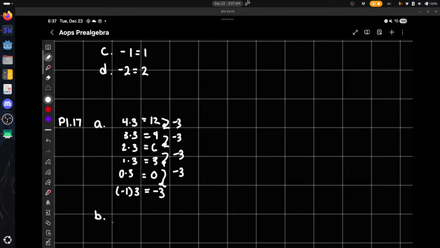And then B, negation 1 times 3 will give me negative 3. Which, to be said, when we have negation x, this can be broken down into negation 1 times x. So that's an important property, I believe.